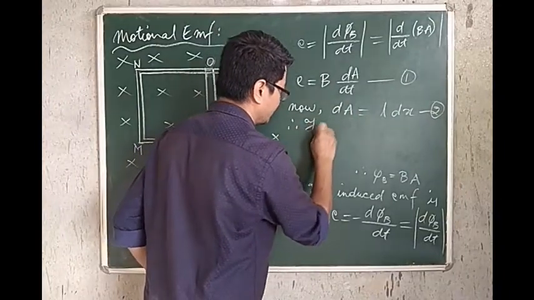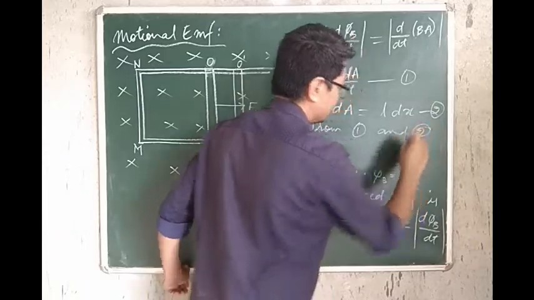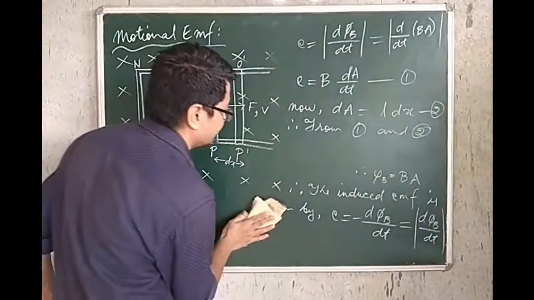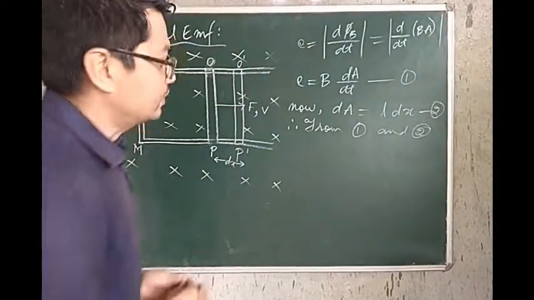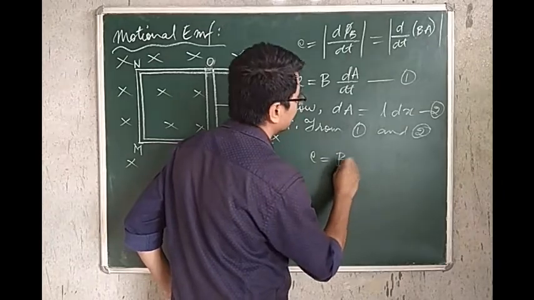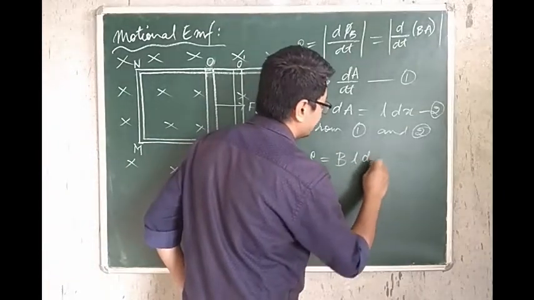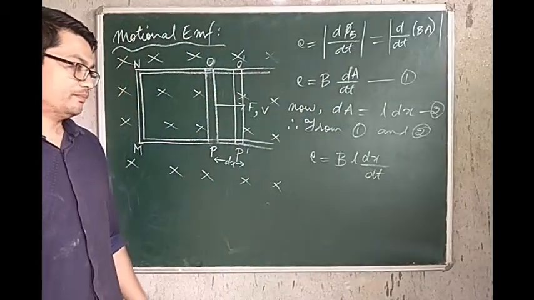Therefore, from equations 1 and 2, we get E is B L dx by dt. Now, what is dx by dt?